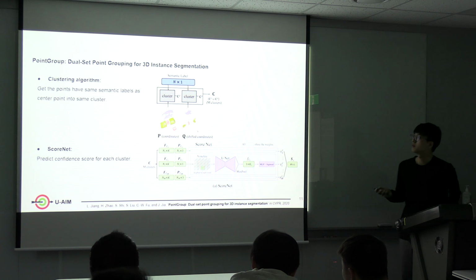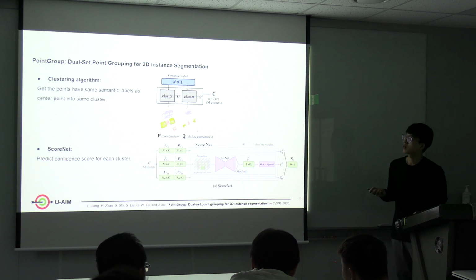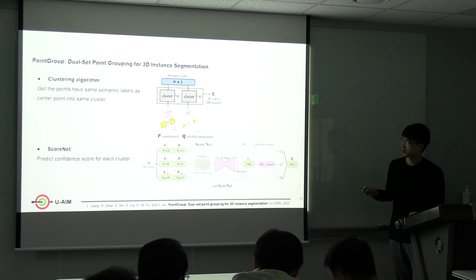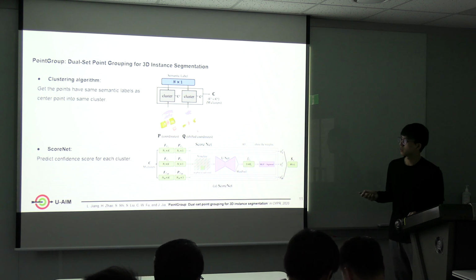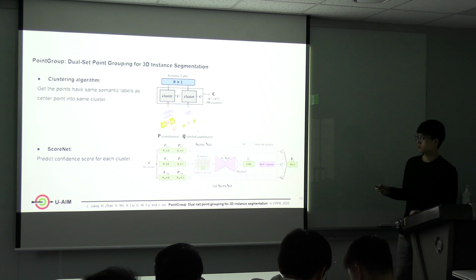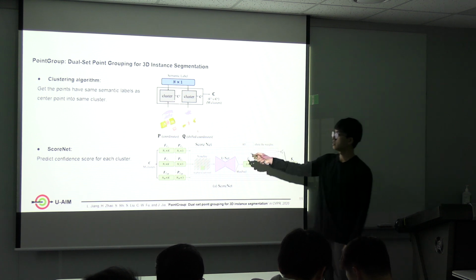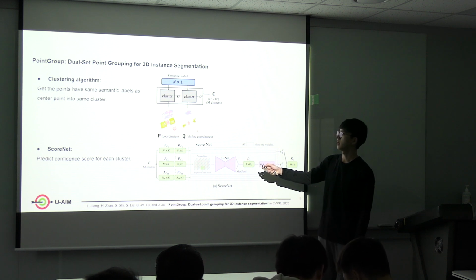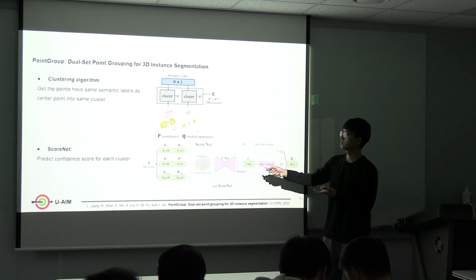In the clustering algorithm, they will use two clusterings. The first one uses the original coordinate. From each point, they iterate over the points here, and each point has a radius.